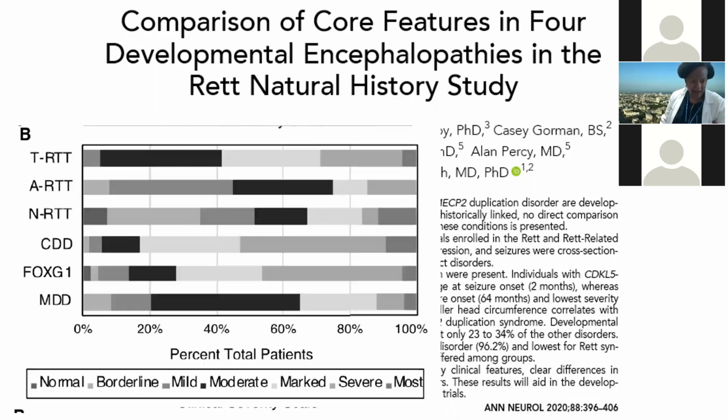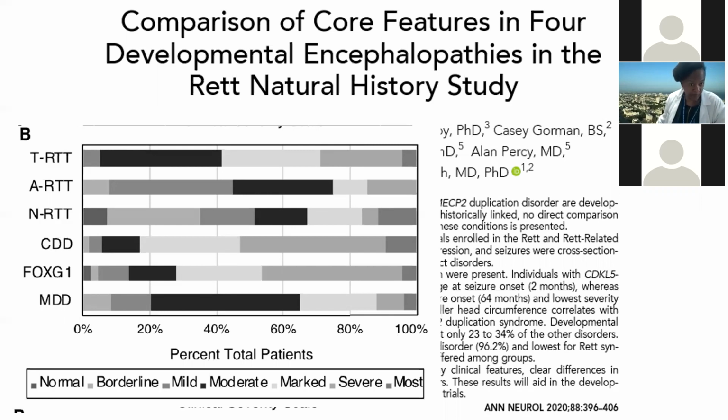When we look at development, okay, toward the left is normal development and toward the right is more severe in this graph, okay? We again see, look, moderate is the darkest color that we have. The proportion of patients with Rett syndrome that have moderate, severe, or most severe development is significant.